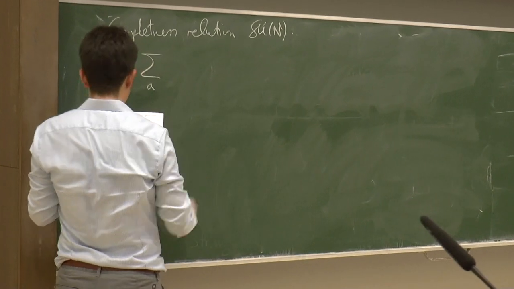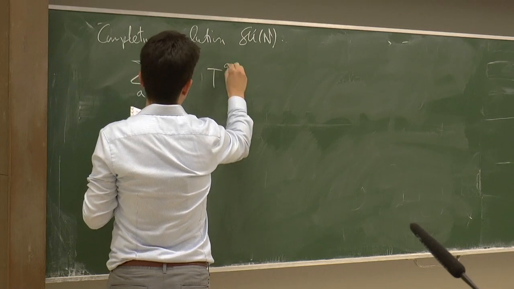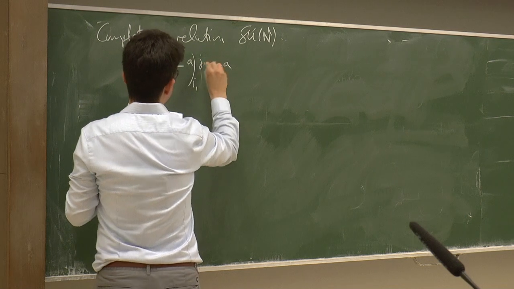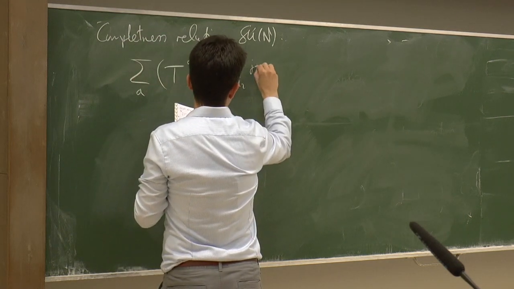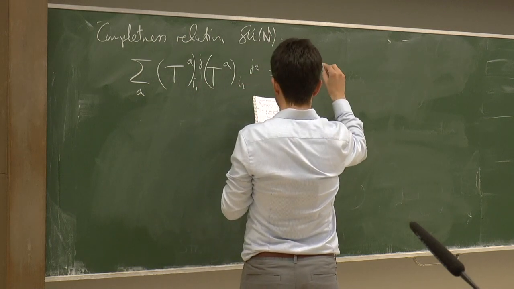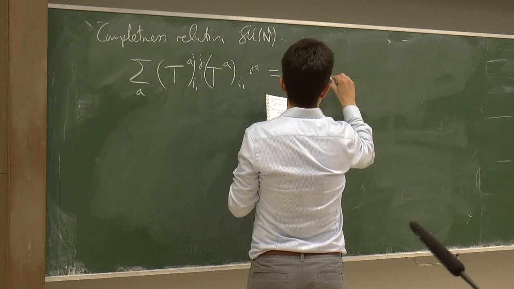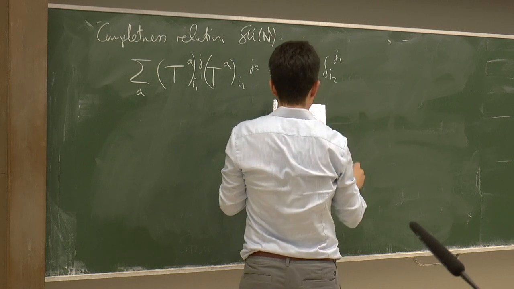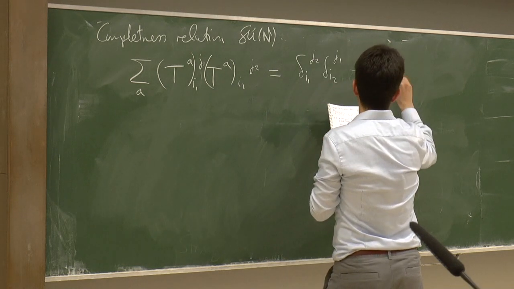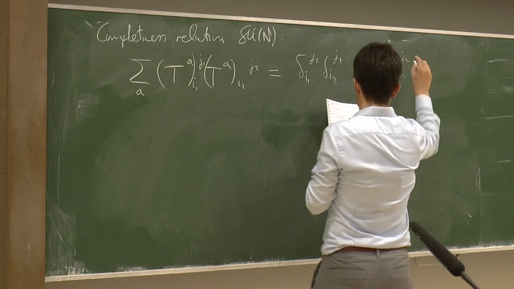So this tells us the following: when we sum over all the generators with indices i1, j1, i2, j2, we get delta i1 j2, delta i2 j1, minus 1 over N delta i1 j1, delta i2 j2.